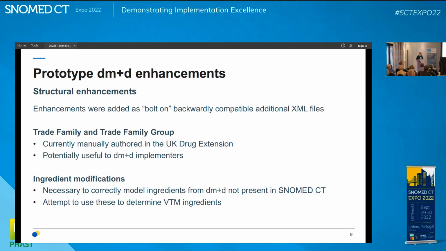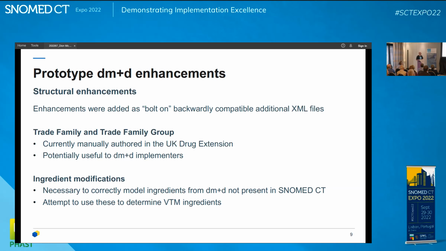In terms of the enhancements to dm+d, there were some bolt-on structural enhancements. There were things like trade family and trade family group that are unique to the drug extension and aren't in dm+d. That was one of the bigger bits of content, and it was considered maybe actually useful to some implementers, but it just isn't present in dm+d at the moment.